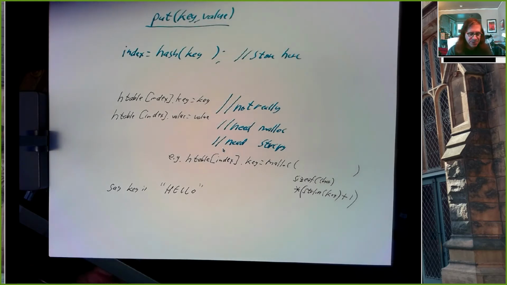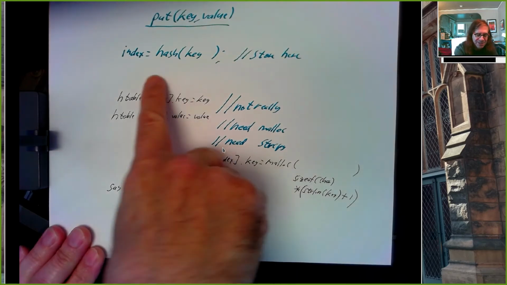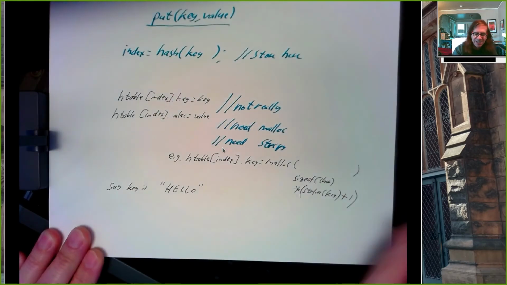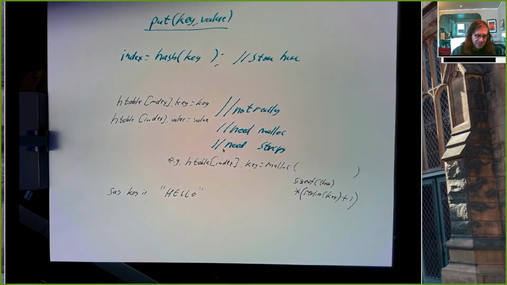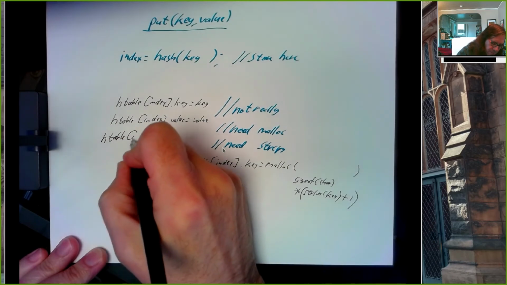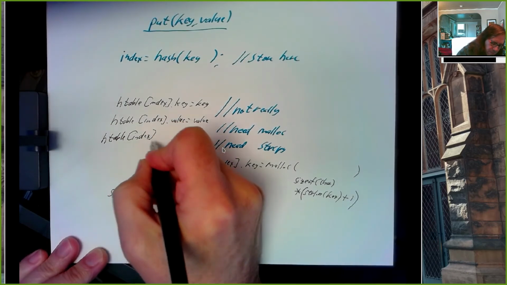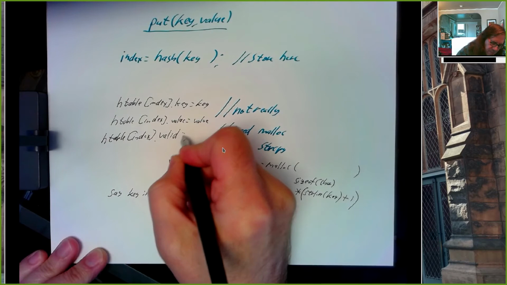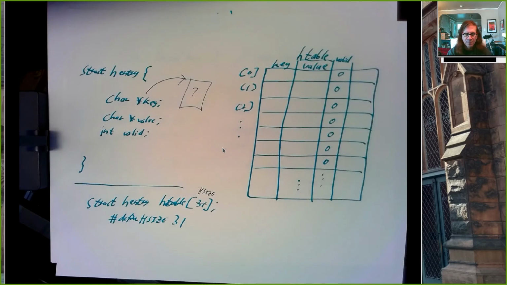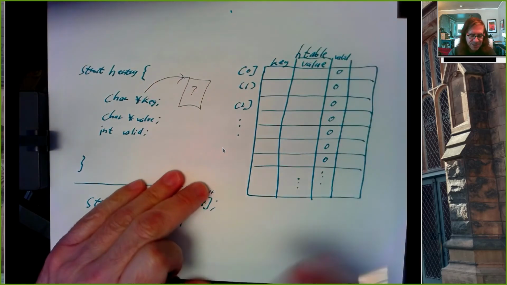All right, so the goal here is to find the index to store the key, then store the key and value at that index, and set the valid flag. So I hash my index.